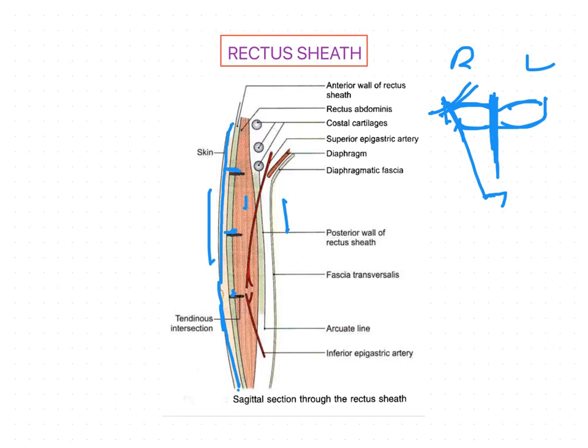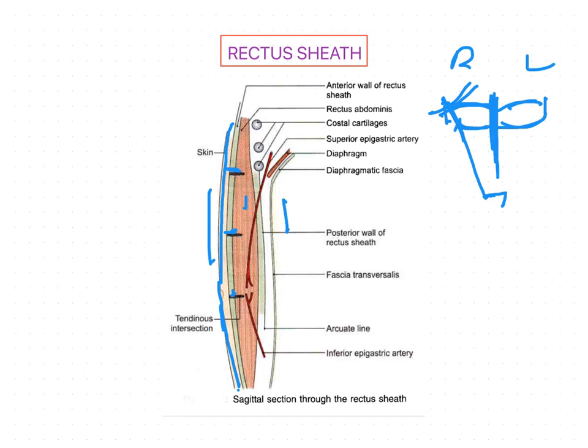The rectus sheath is an aponeurotic sheath covering the rectus abdominis muscle, with anterior and posterior walls, and also medial and lateral walls.